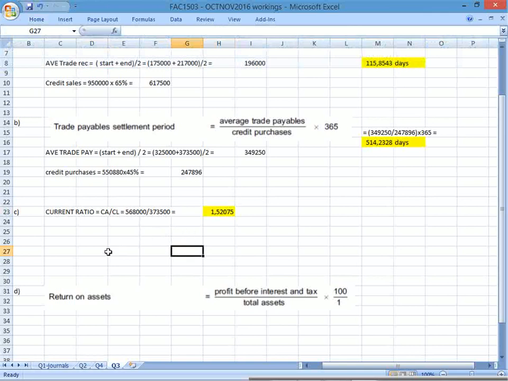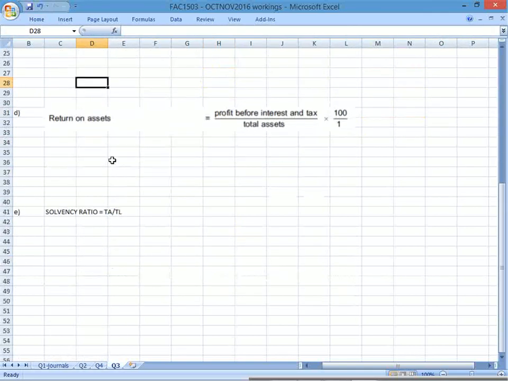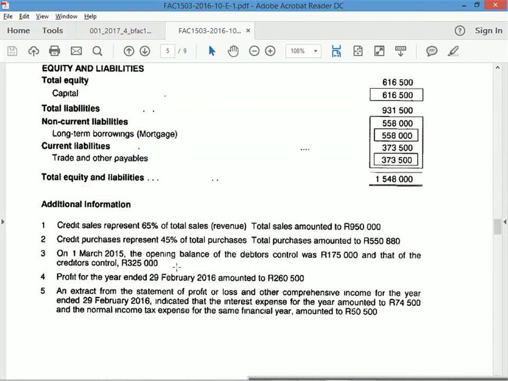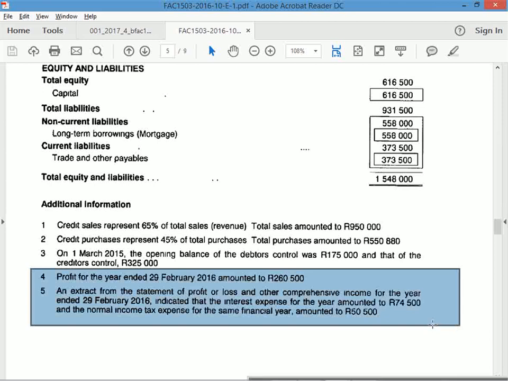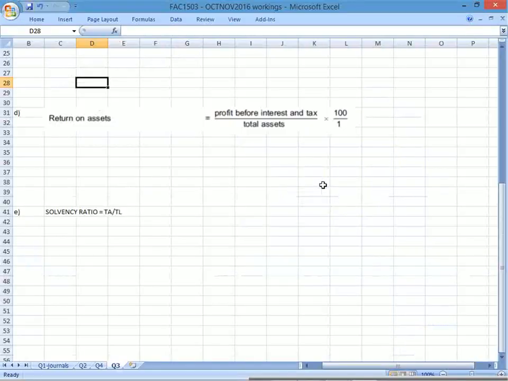Got that? Okay, next, return on assets, profit before interest and tax over total assets. Okay, so I need the profit before interest and tax. Why? Because here they gave me what? Profit for the year, which is after interest and after tax. So I need to do a working here.